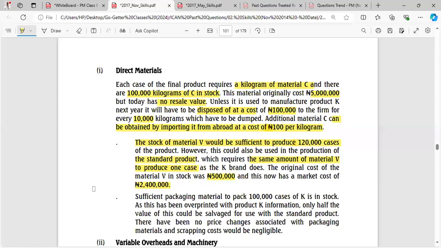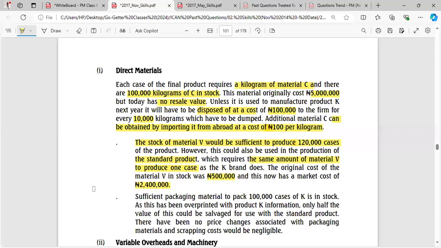Yes. If it is available in stock, the next question is, is it in constant use? Yes, because this can also be used in producing the standard product. If not in this product we are doing now, it can be used in the standard product. It means that if you take any of material V, you will need to replace them.